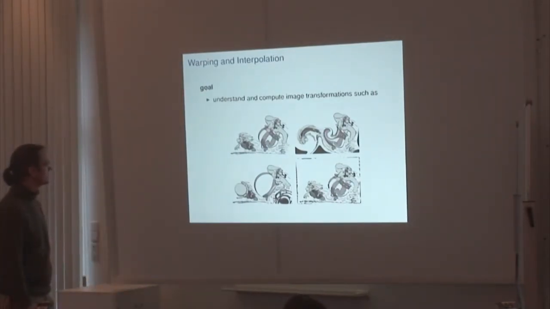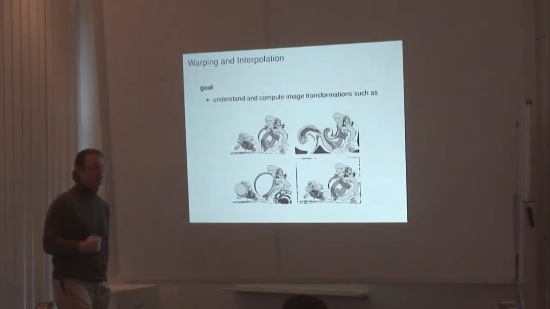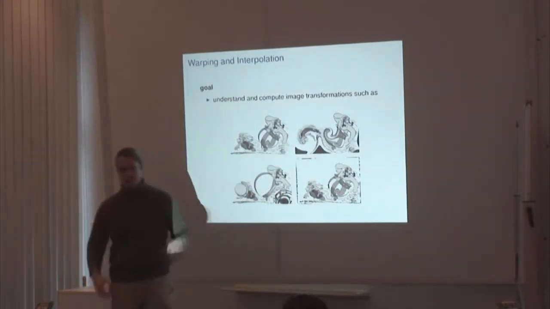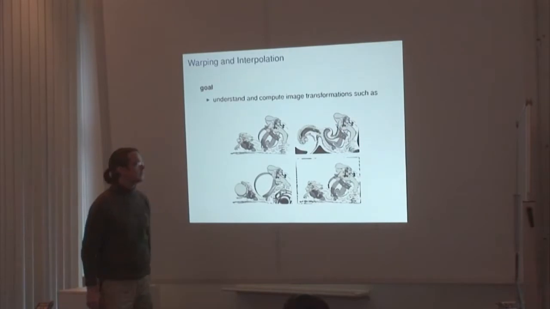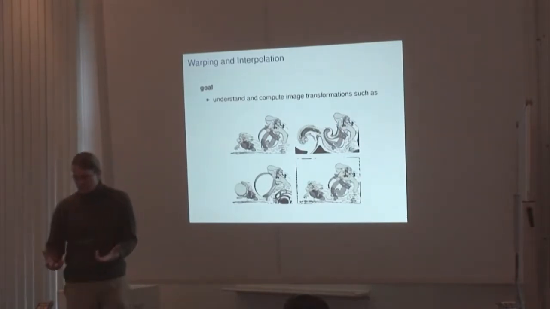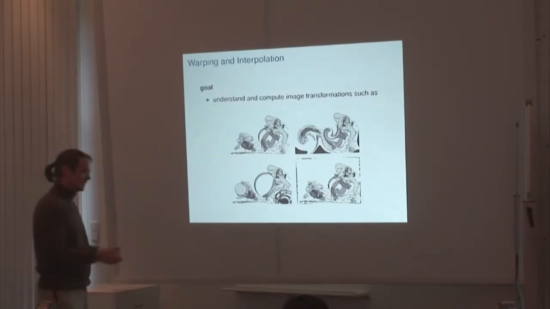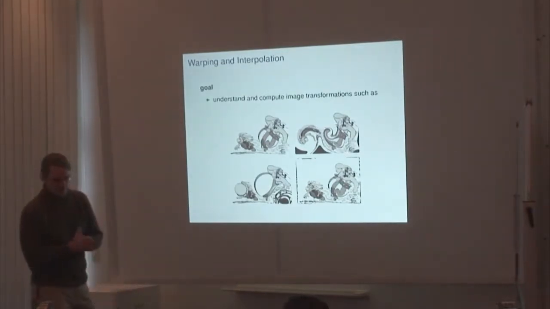This is what we are going to do. We want to understand how we practically compute transformations like these. Again, what we are given is an image, and we do something with it. The difference to what we have been doing recently, when we were talking about things like, say, the Fourier transform, is that we considered the image as a whole.